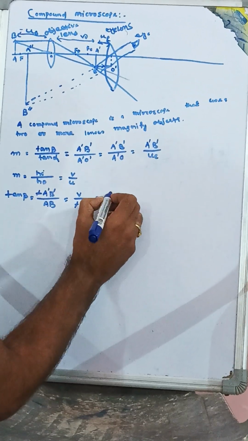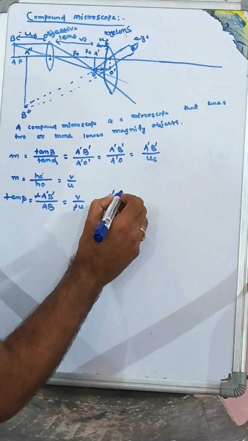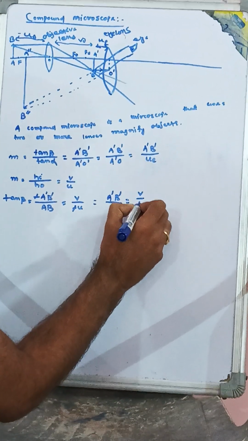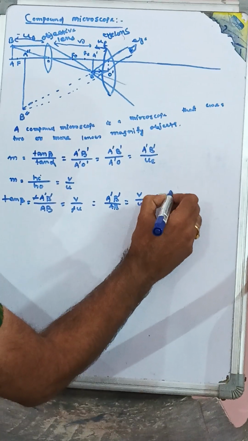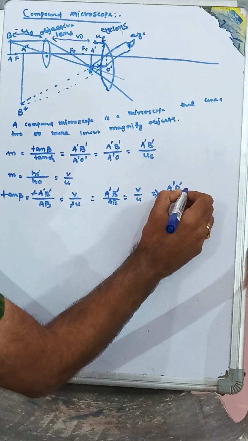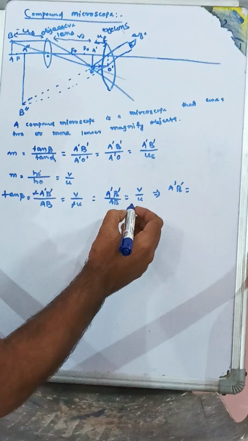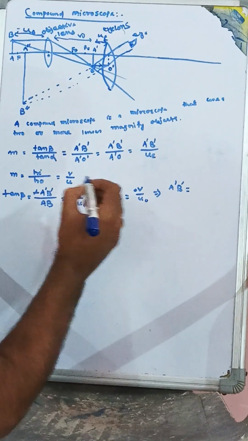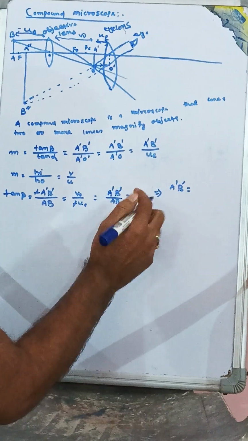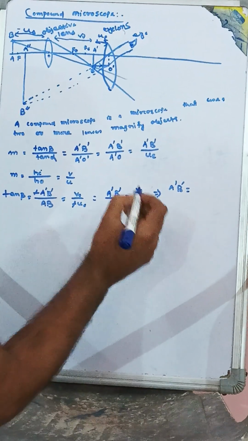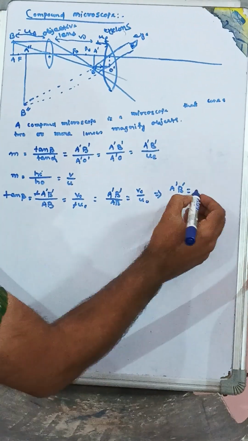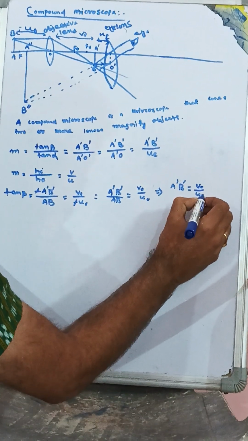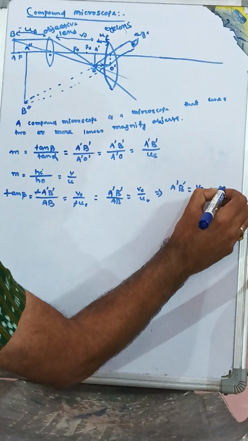Then A'B' divided by AB is equal to v by u, which implies A'B' is equal to v0 by u0 into AB.